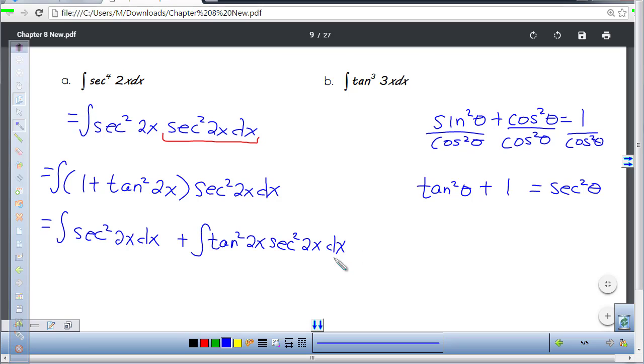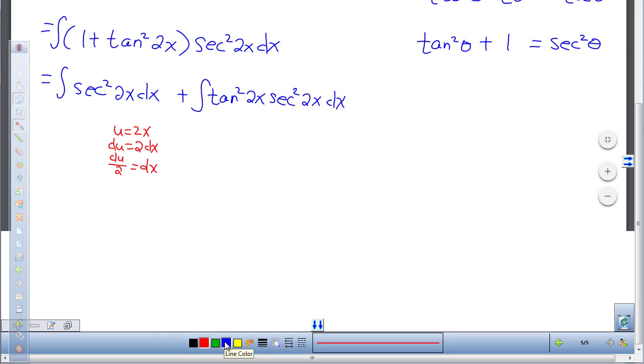All right, well, if we need to, we can say that u is equal to 2x for this piece, and du would be 2 dx, or du over 2 equals dx. So what we have here is the integral of, let's see, what do I have?